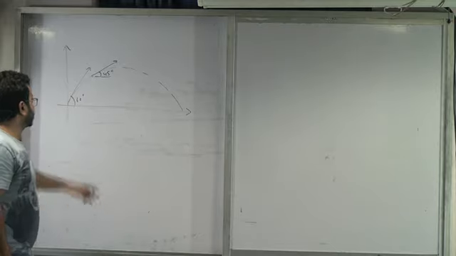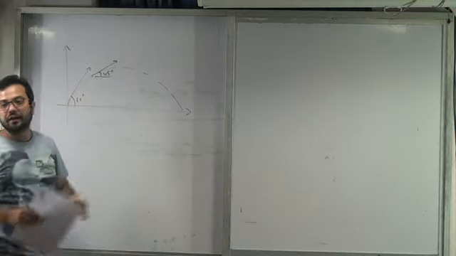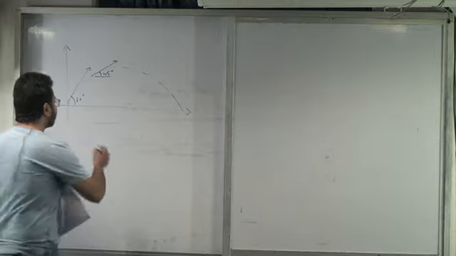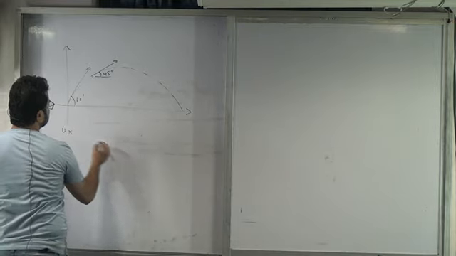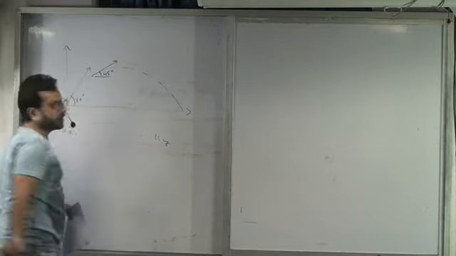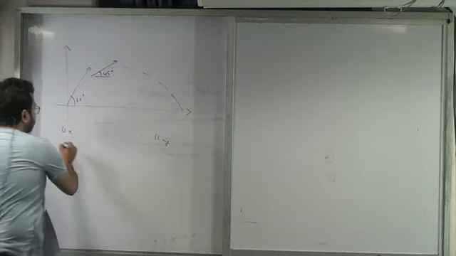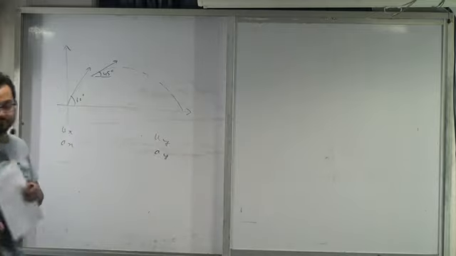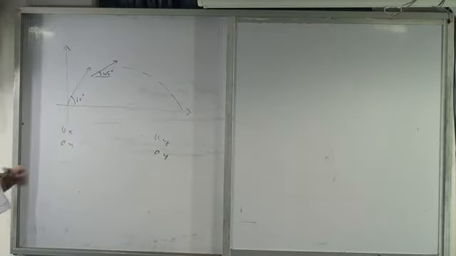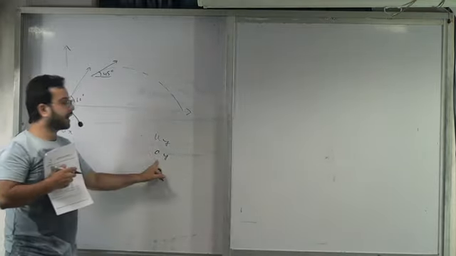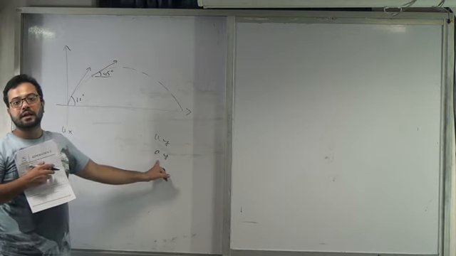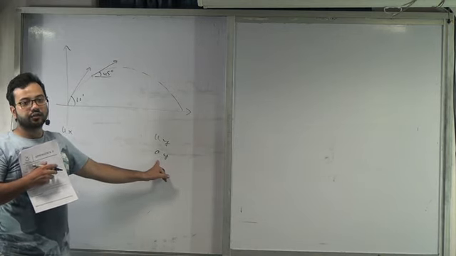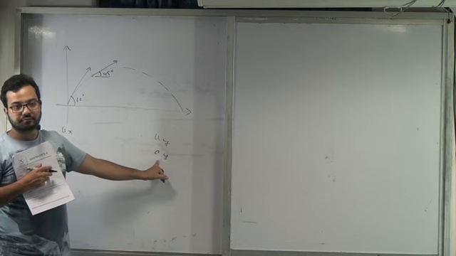Alright, agreed. The height, if you calculate the height, so what is given to me? Ux is given to me, Uy is given to me. Is that right? Okay. Ax is given to me and Ay is given to me. So I have Uy, I have Ay. What should I calculate so that I can calculate time?